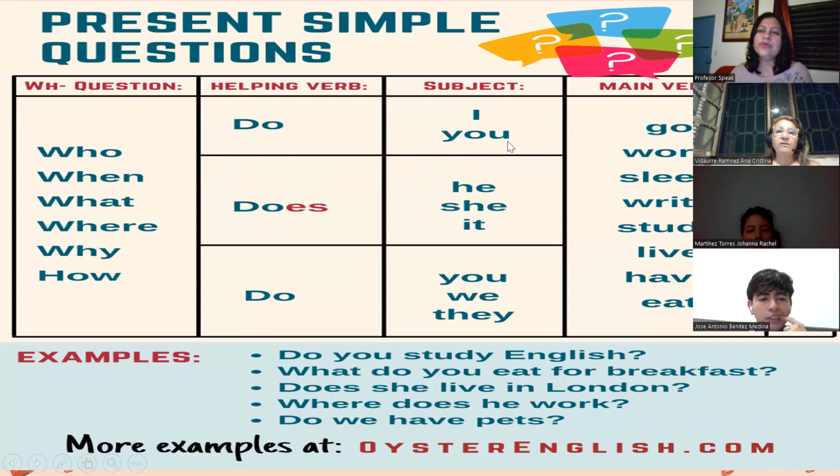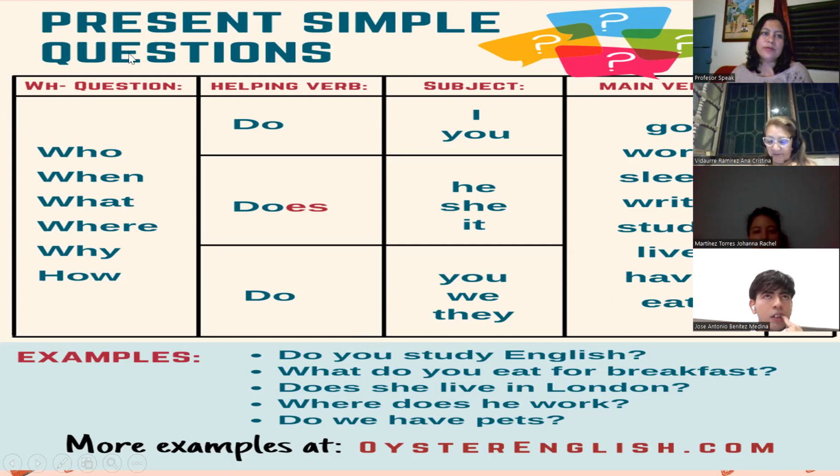When do you work? Or what does she do? Or what does she eat? Where does he go? What does it have? Why do you eat? Or how do you sleep?